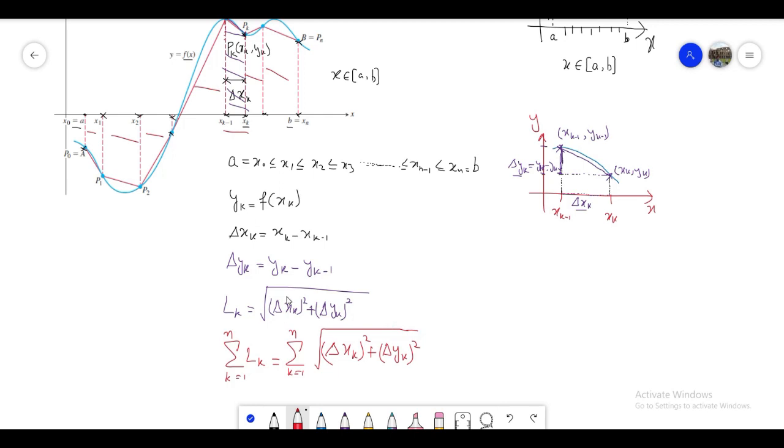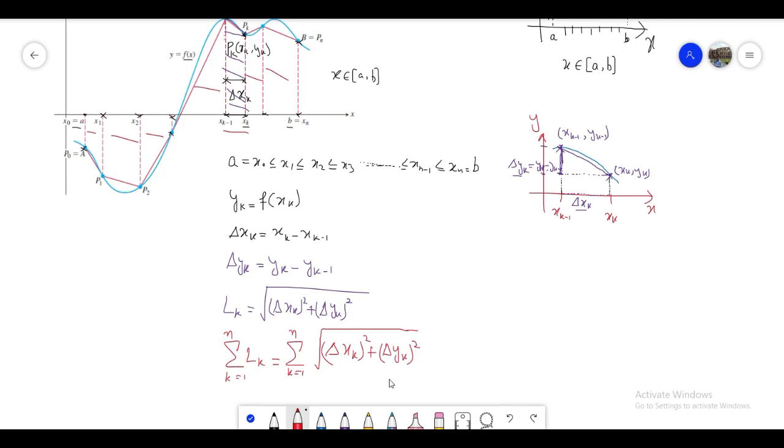So this is basically the same: I just sum up all the small segments for the different values of k. Now we expect the approximation to improve as the partition of the interval ab becomes finer.